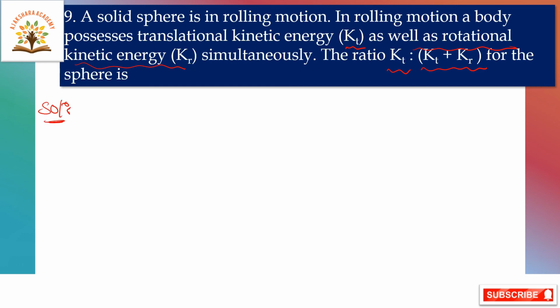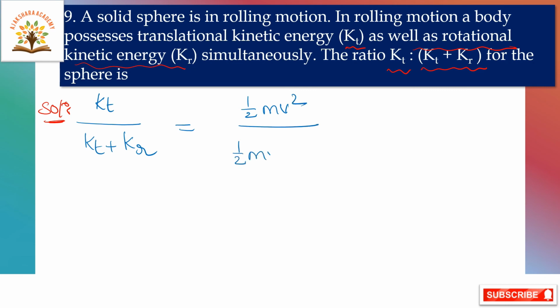Here the ratio of Kt and Kt plus Kr is equal to half mv square by half mv square of 1 plus beta. These two get canceled, that is equal to 1 by 1 plus beta.